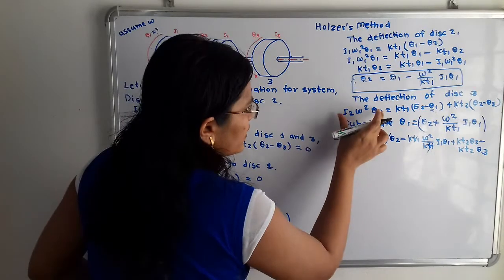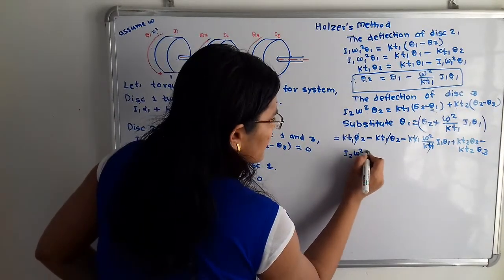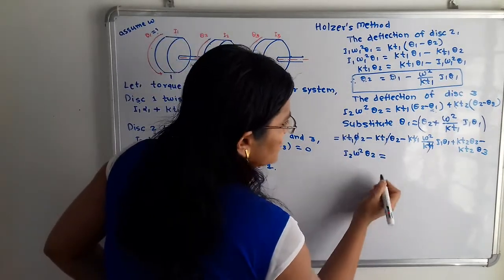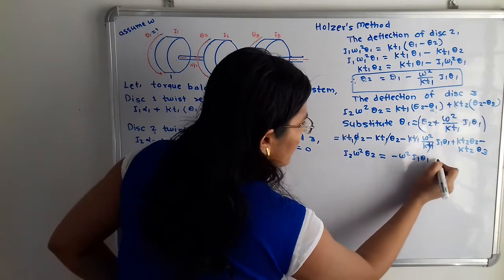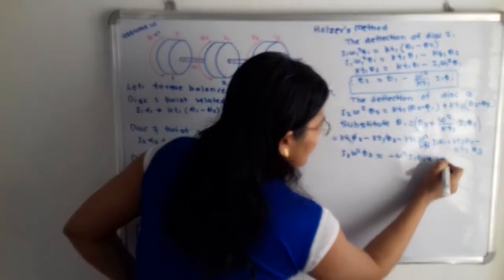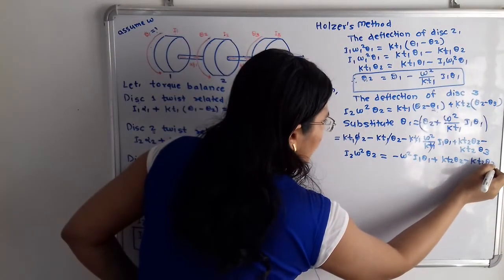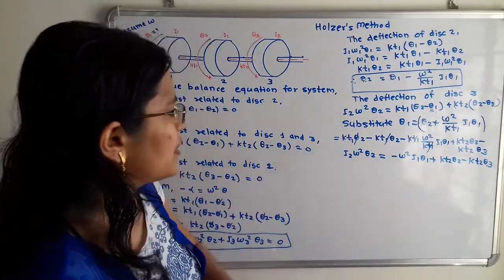Now we have to write here the left hand side, that is I2 omega square theta 2 which is equal to, now here is the minus sign, so we write minus omega square I1 theta 1 plus kt2 theta 2 minus kt2 theta 3. So this is the simplified form.